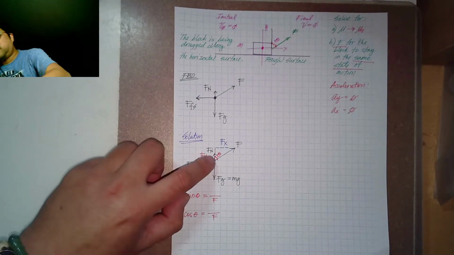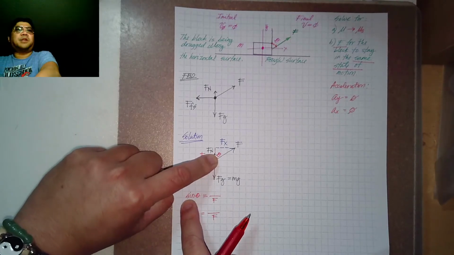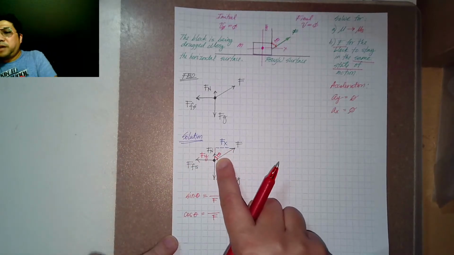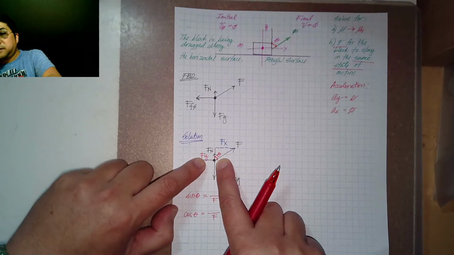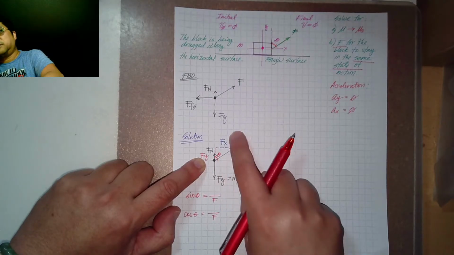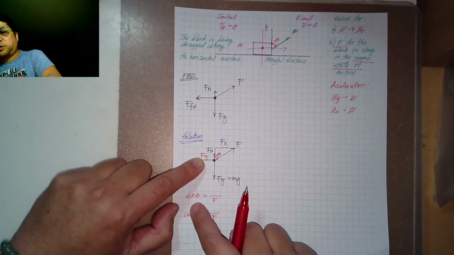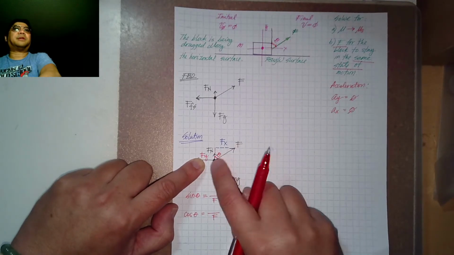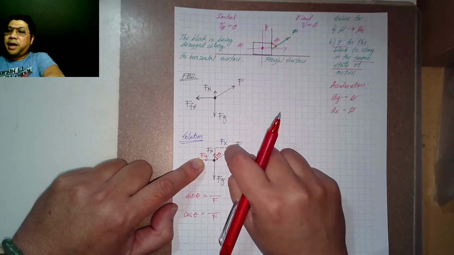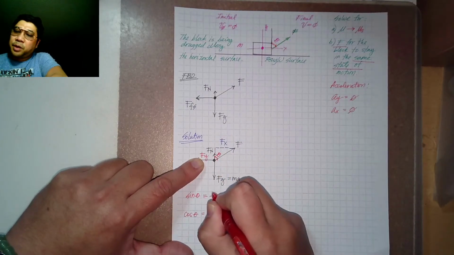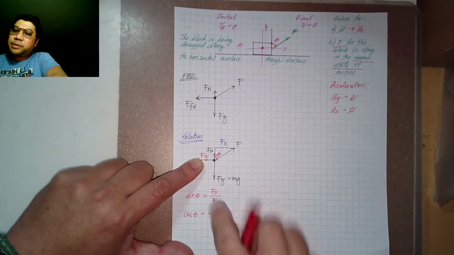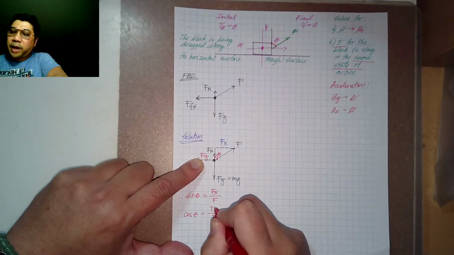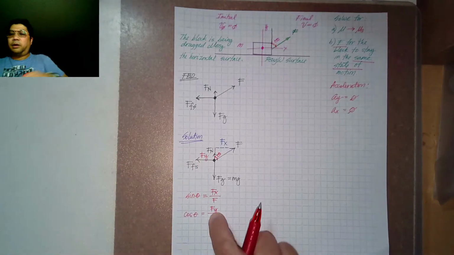If this is the angle, sine means opposite over hypotenuse. What is the opposite side here? Is it the y component or the x component? For sure you would say that's the opposite side. It's opposite our angle, so that's your Fx. So x becomes sine, and over here your y component becomes part of the cosine function.